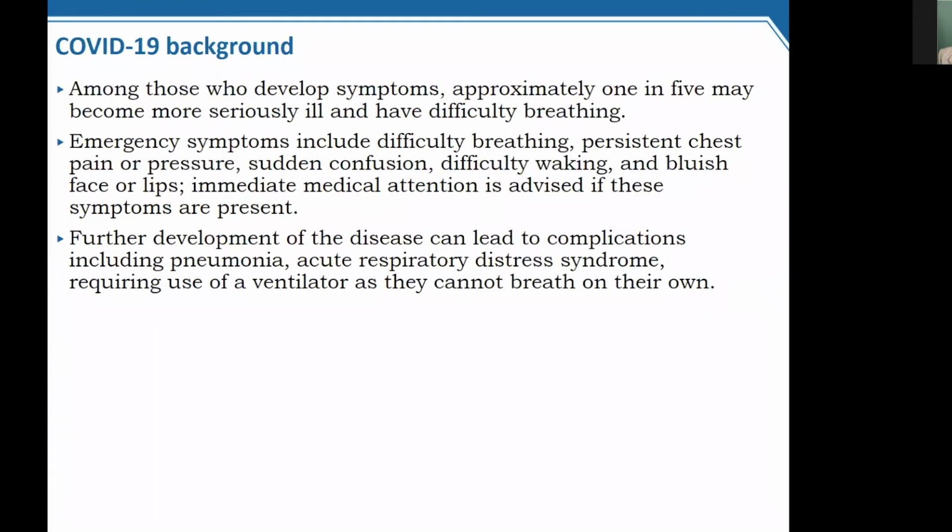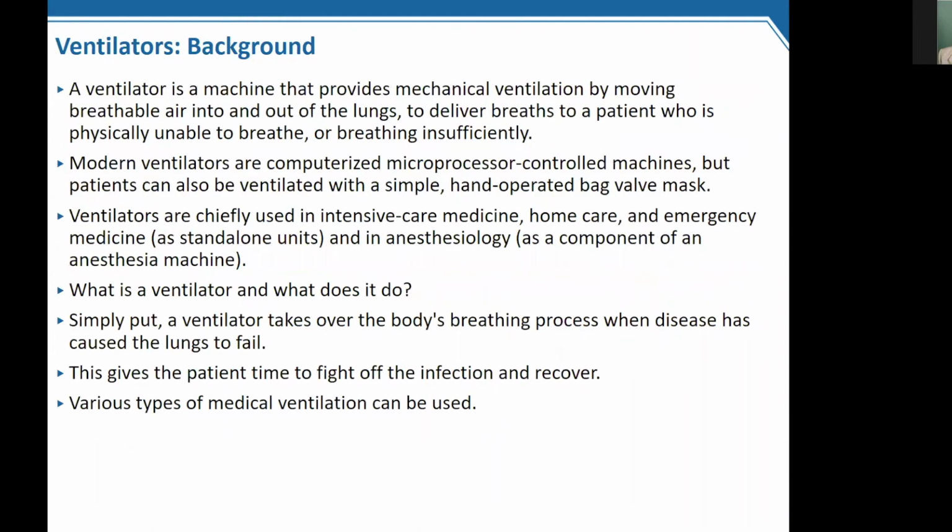I don't think I need to go too much into COVID-19 background, but one of the things that has been noticed is how it affects difficulty in breathing and causes medical attention to need to be paid to it. Because of the way COVID-19 attacks us, it turns out for very acute cases, we do need ventilators.